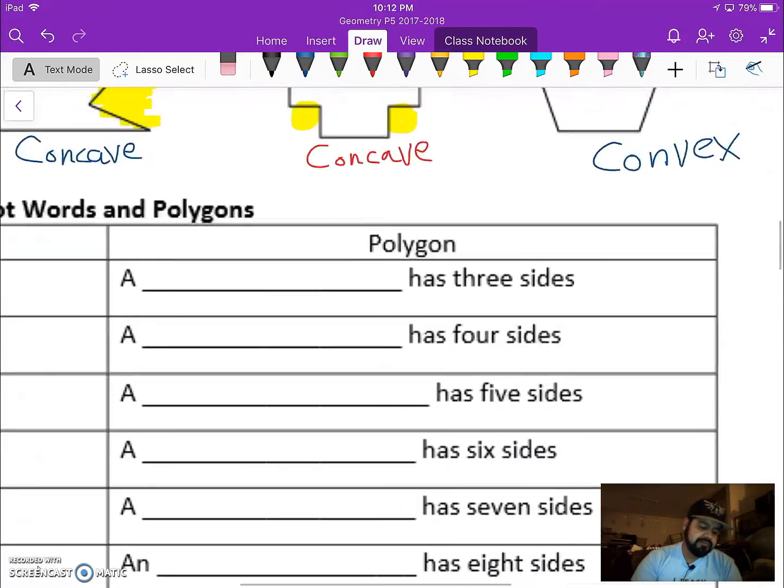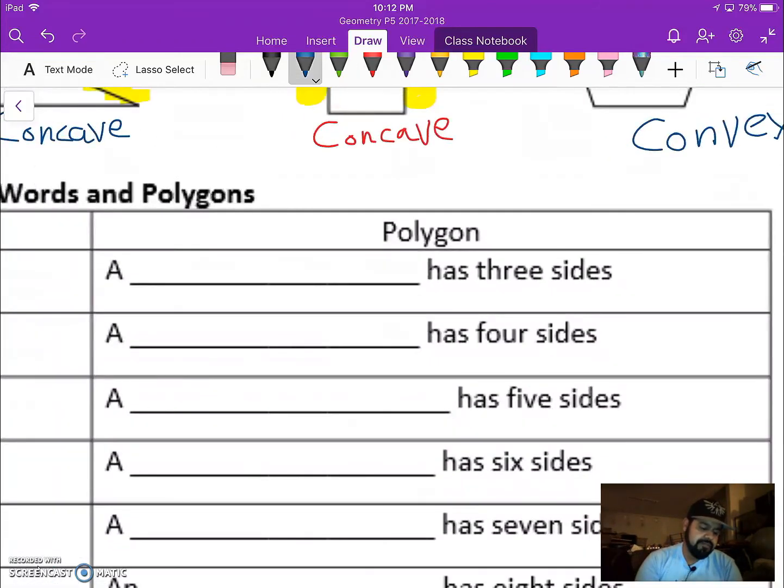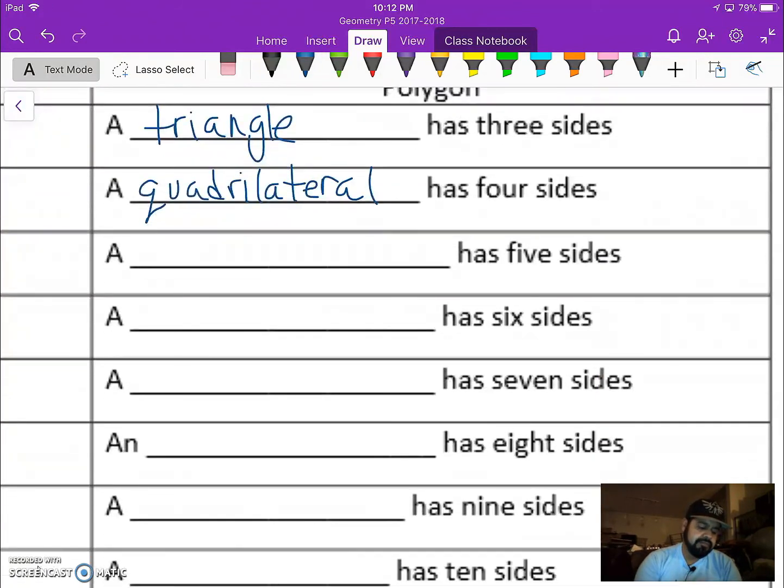So going back to here, a triangle has 3 sides. Then we have a quadrilateral, which has 4 sides.